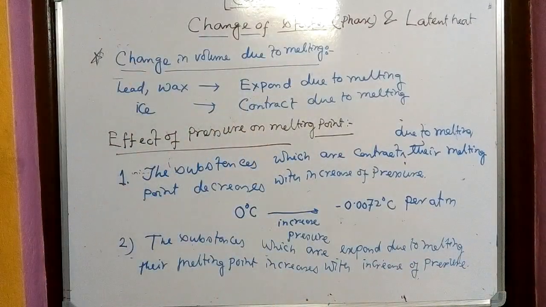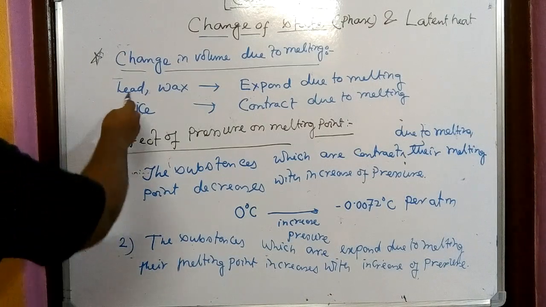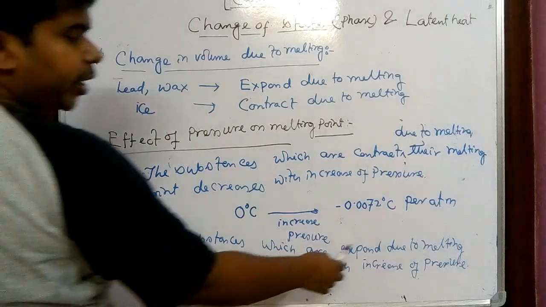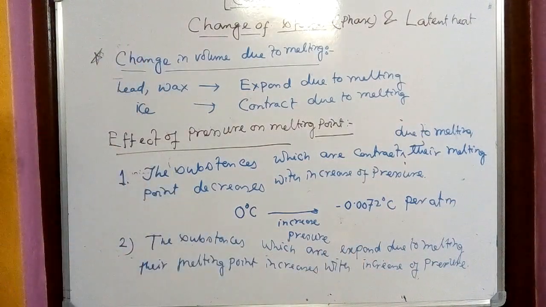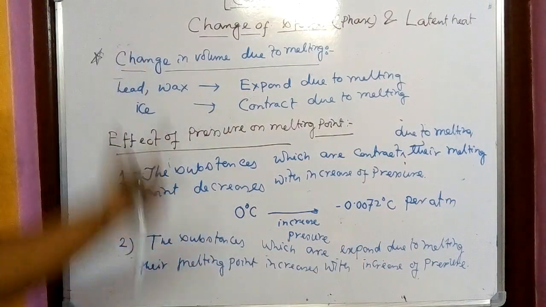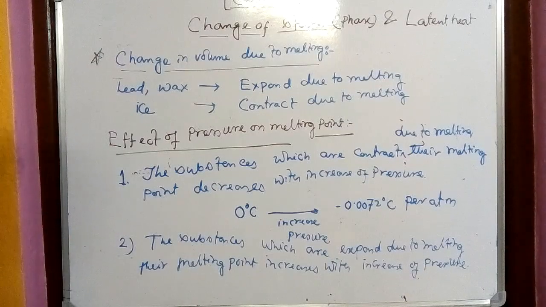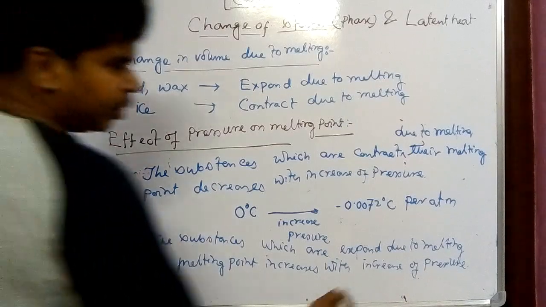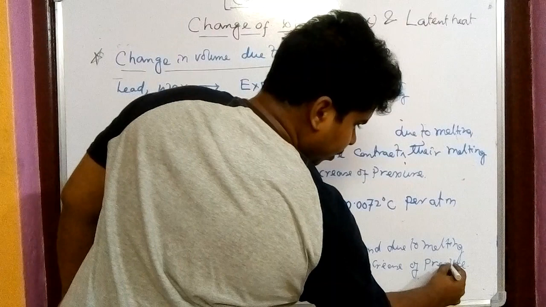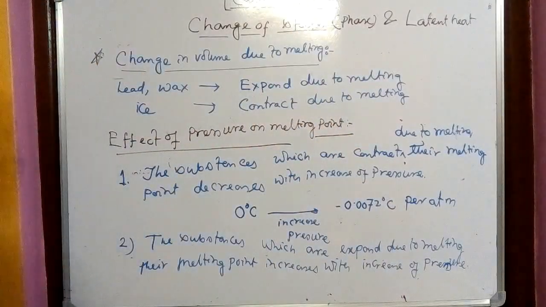In the previous case, the melting point was decreased due to the increase of pressure. In the next part, we have seen substances like lead and wax, which expand due to melting; their melting point increases with the increase of pressure.